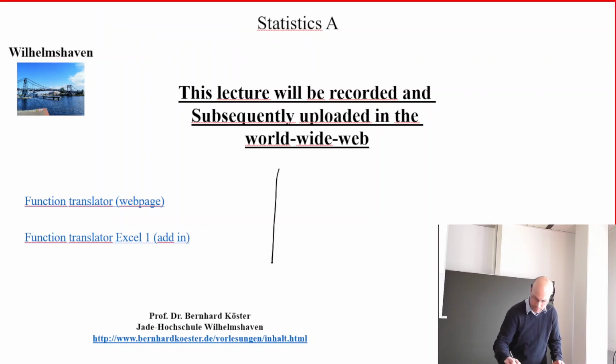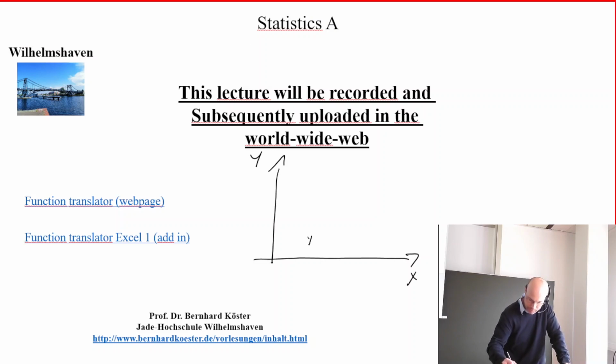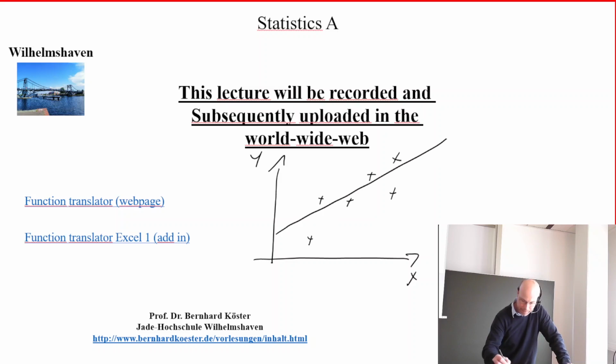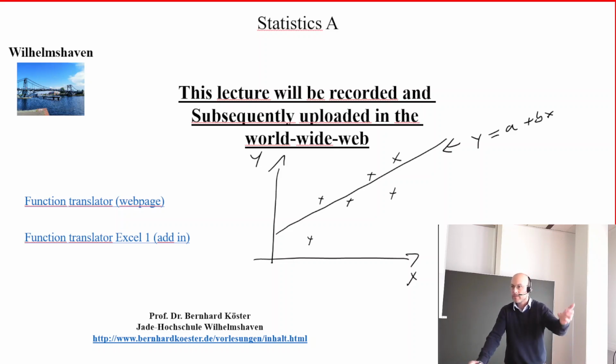We just draw a scatter plot, y and x, and this should be our data points, and we think about how we could, in a good manner, fit a linear line given by y equals a plus bx in order to assume some dependence between these two variables x and y.